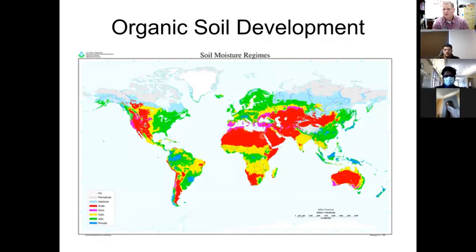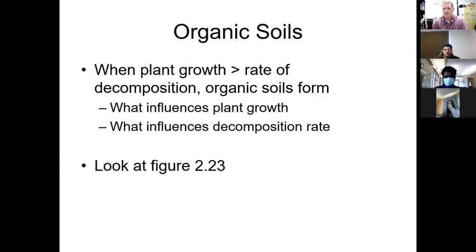If we were to go here and let's say we took a handful of hay or something and let it sit on the ground, it would decompose very, very quickly. And so as a result, these soils tend to not have a lot of organic matter in them. Okay, arid west, this area of Africa, Australia. Okay, and the reason is the plants are decomposing faster than they're growing.